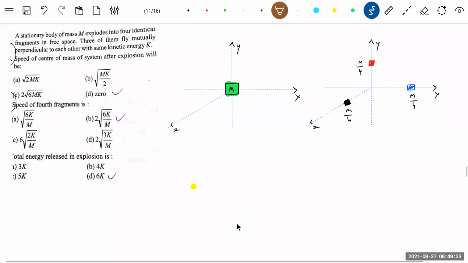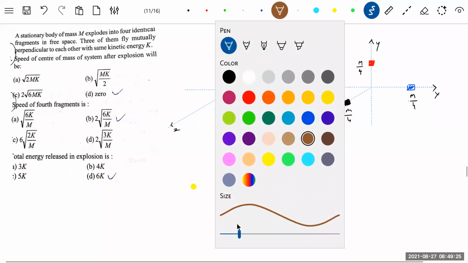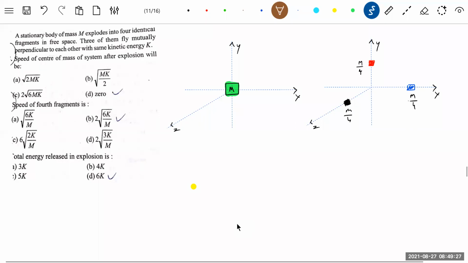What about the third fragment? So equal kinetic energy. They are having the same kinetic energy. So let's put K. Because of kinetic energy, they will have momentum.